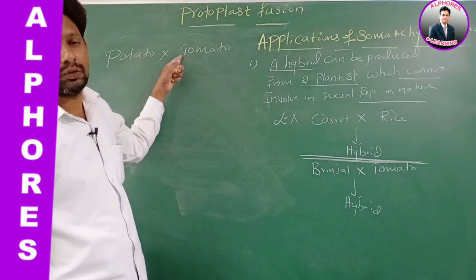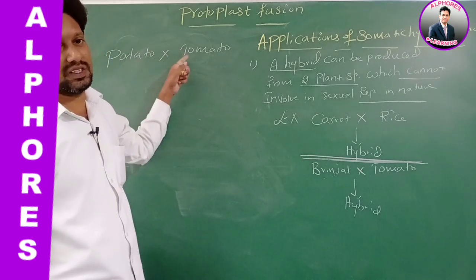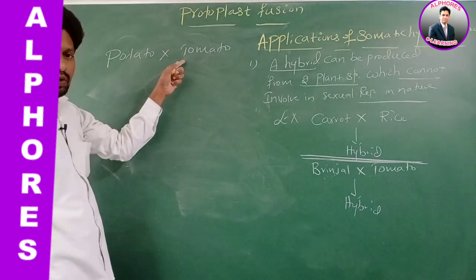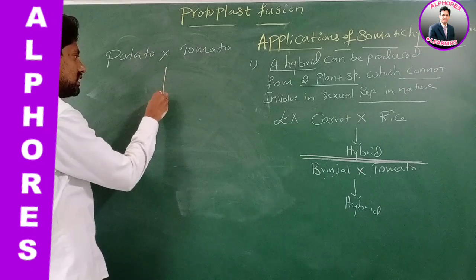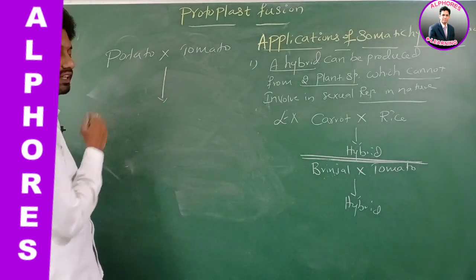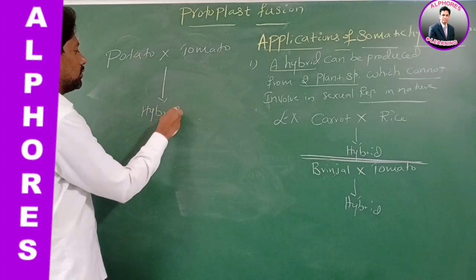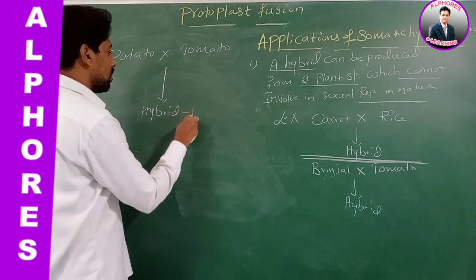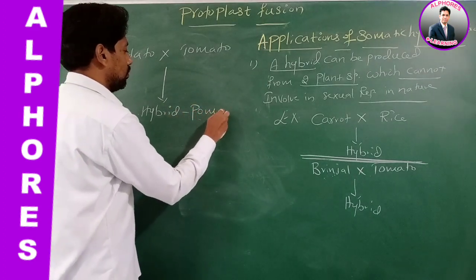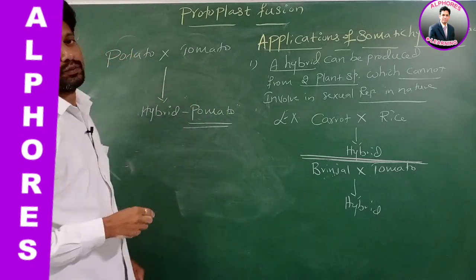No. No possibility of sexual reproduction between these two plant species. In such case also, we can carry out somatic hybridization and we can produce a hybrid. This hybrid produced by crossing potato and tomato is called as pomato.